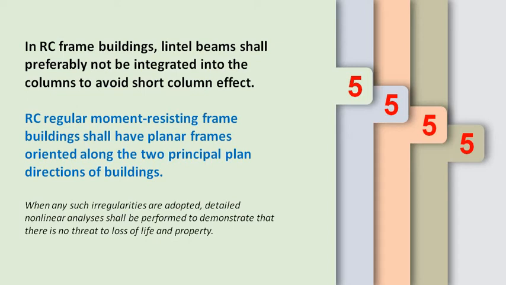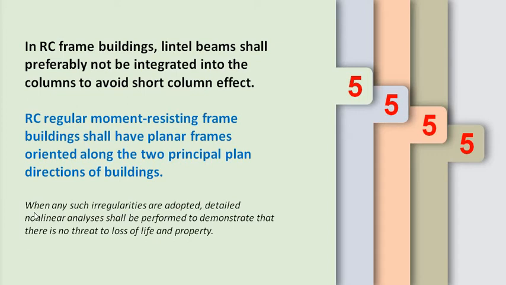Now, irregularities listed in IS 1893 Part 1 shall be avoided. Buildings with any of the listed irregularities perform poorly during earthquake shaking. In addition, buildings with floating columns and setback columns also perform poorly.